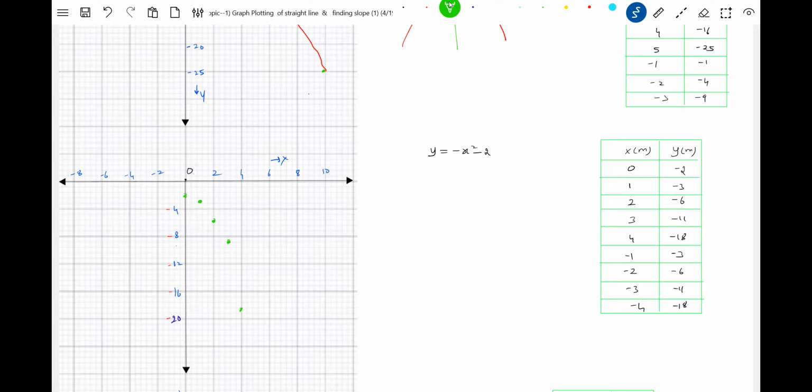X equal to -1, it will be -3. It will be a symmetric graph as it is an even function: x equal to -2, -6. X equal to -3, it will be -11. And x equal to -4, okay, this one, the curve.